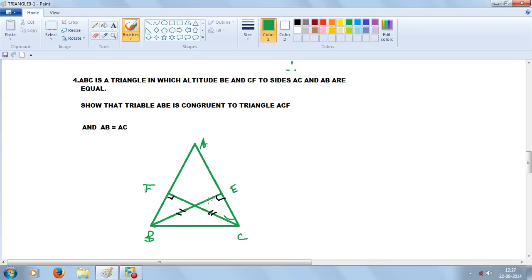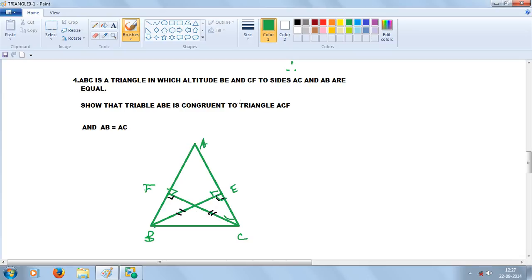When BE is an altitude, this angle BEC is 90 degrees, and CF is an altitude, so of course this side, both are 90 degrees. So it is also marked.